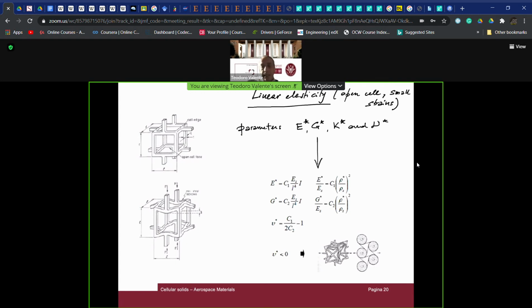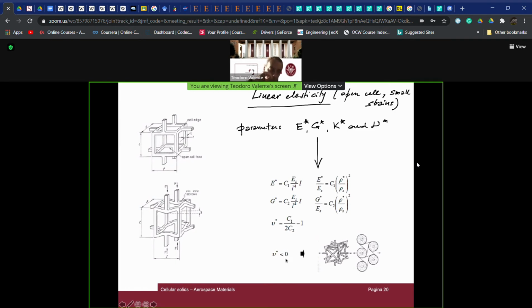This does not mean that the base material with which we have fabricated the cellular solid changes its properties from a Poisson coefficient near 0.3 to a Poisson coefficient lower than 0. But the overall answer of the structure, depending on the way in which all the beams are deformed, can result, in the direction of load application, in a Poisson coefficient which is lower than 0.